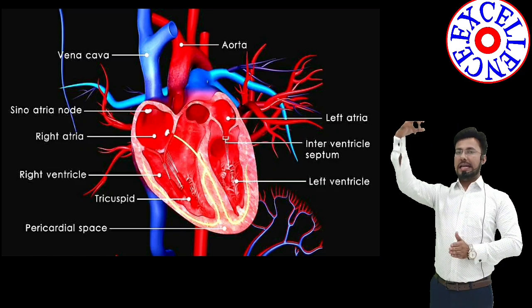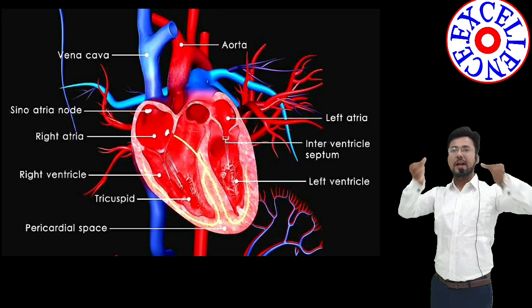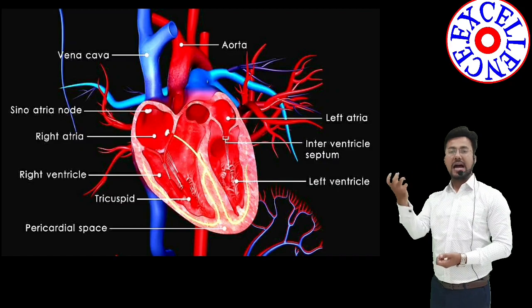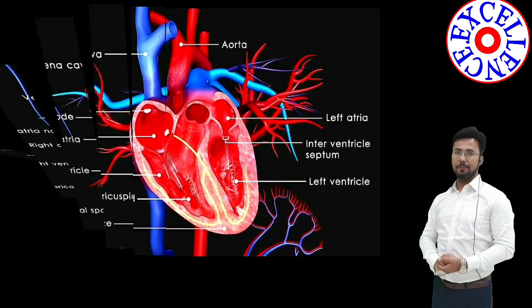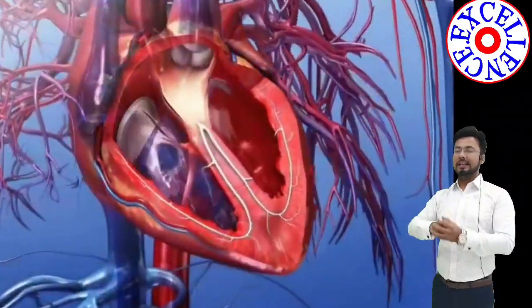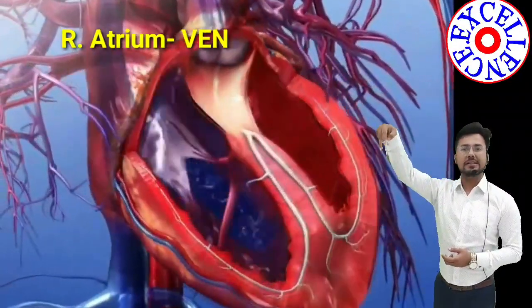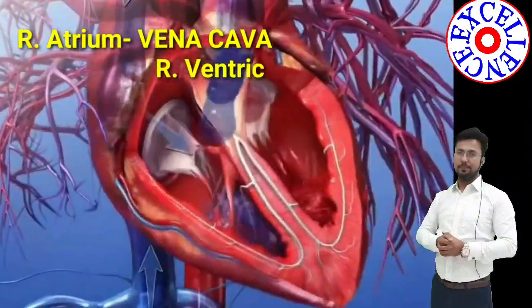So the atria and the ventricles have different blood vessels connected to them, which carry the blood into the heart and take away the blood from the heart. As far as the right atrium is concerned, it has 2 incoming blood vessels known as superior and inferior vena cava.